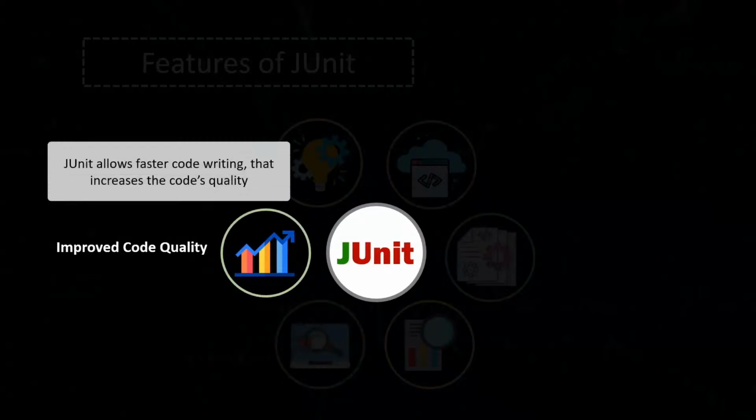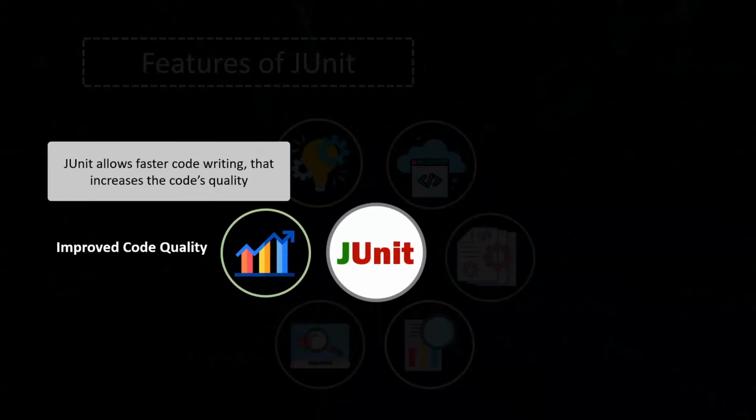It also provides a better feedback channel, because it acts like a very good feedback provider: the moment you are done with the development, you get instant feedback. So the overall quality of the code is going to increase, and that's definitely helpful, because with this JUnit framework you get a quite fast and perfect code writing and quality tool.